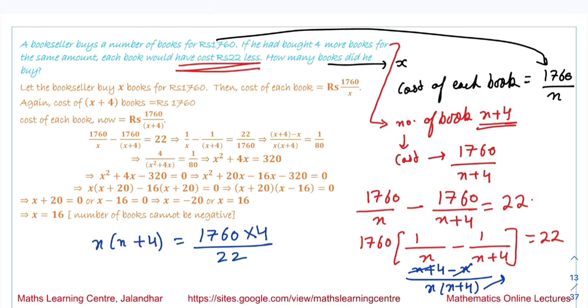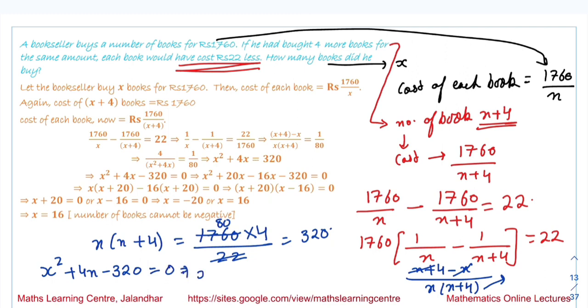So the answer that we will obtain, when we cancel these two, we are getting 80 and this is equal to 320. So the equation we have is x square plus 4x minus 320 is equal to 0.